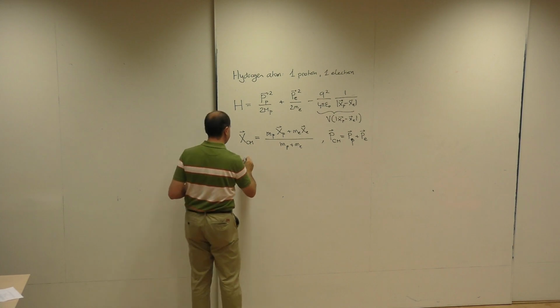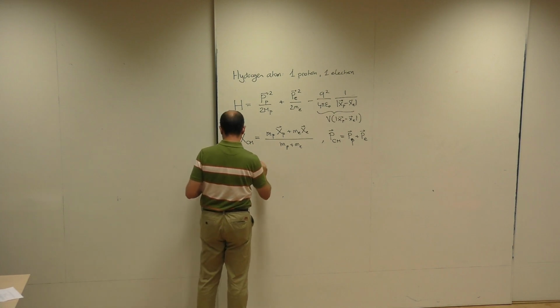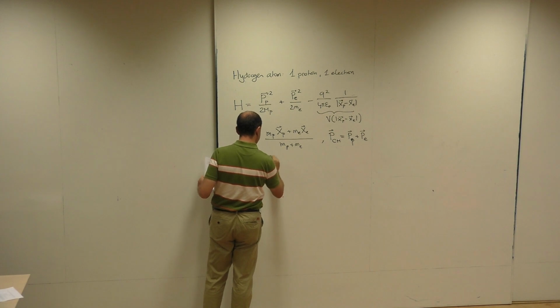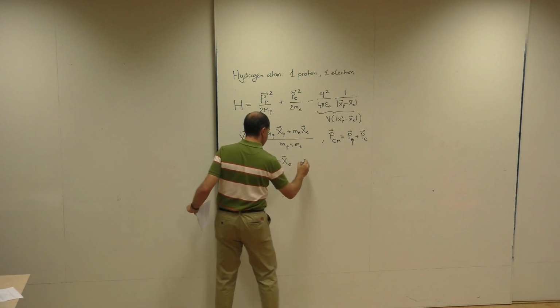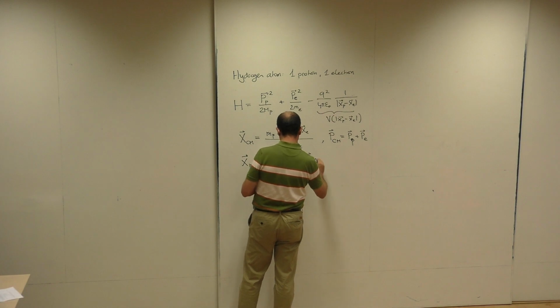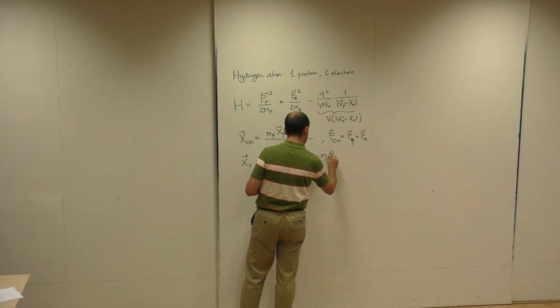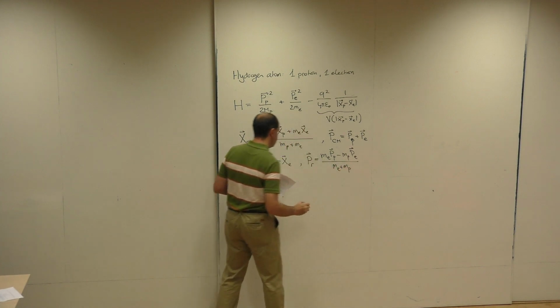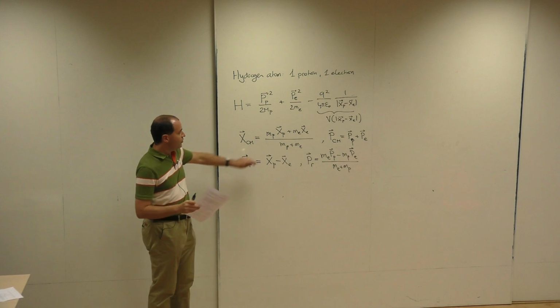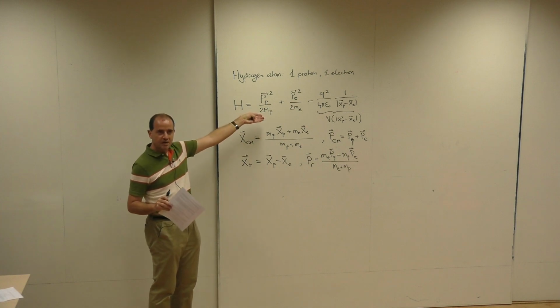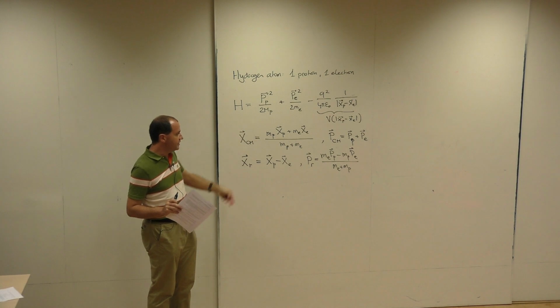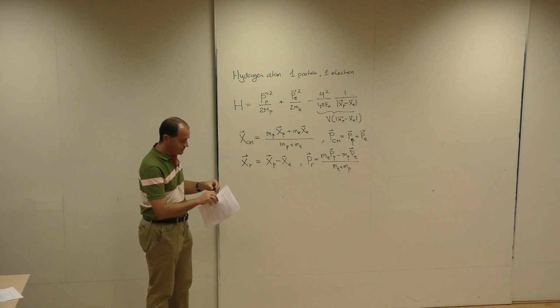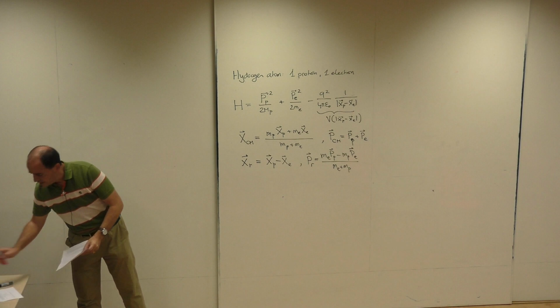One is the center of mass, the other one is the relative coordinate, and the momentum of the relative coordinate. Then you plug all these things in there. I'm sure you've done it in classical mechanics. I will not do it again. And what you find is that the Hamiltonian is going to look like that.